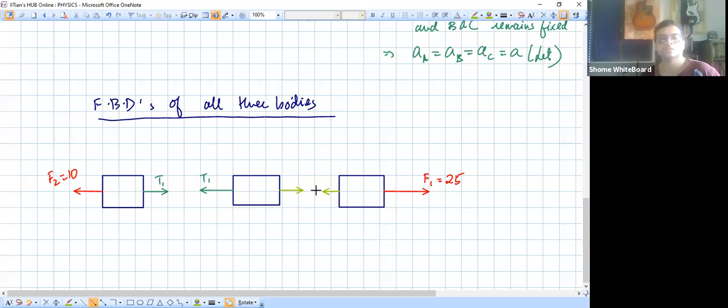So that was acting on this block. Okay. And then all three had common magnitude of horizontal acceleration. So here we don't need to do any resolution of forces. All the forces we have shown are horizontal, and vertical forces are anyway balancing. So there's nothing else you need to do.